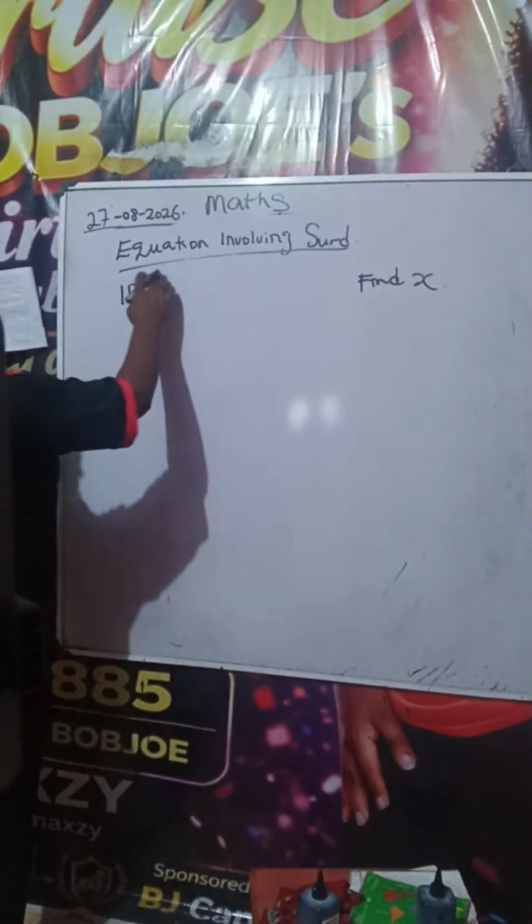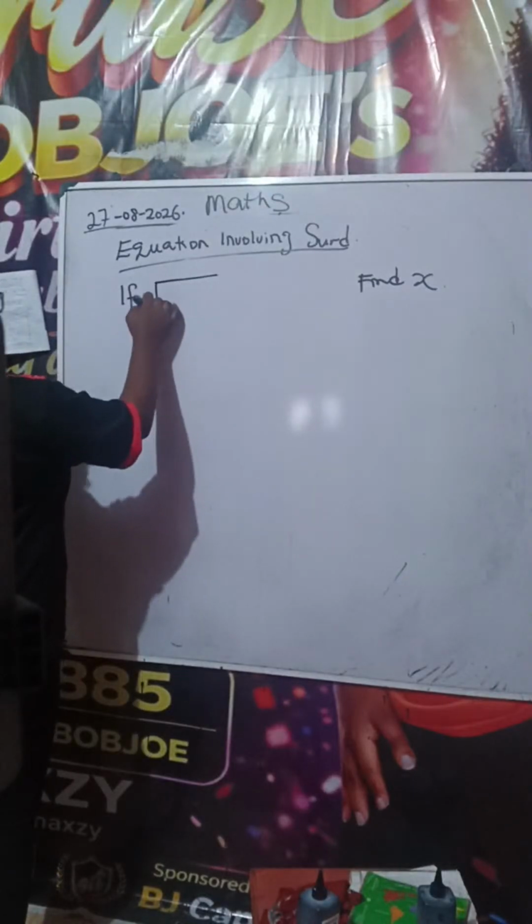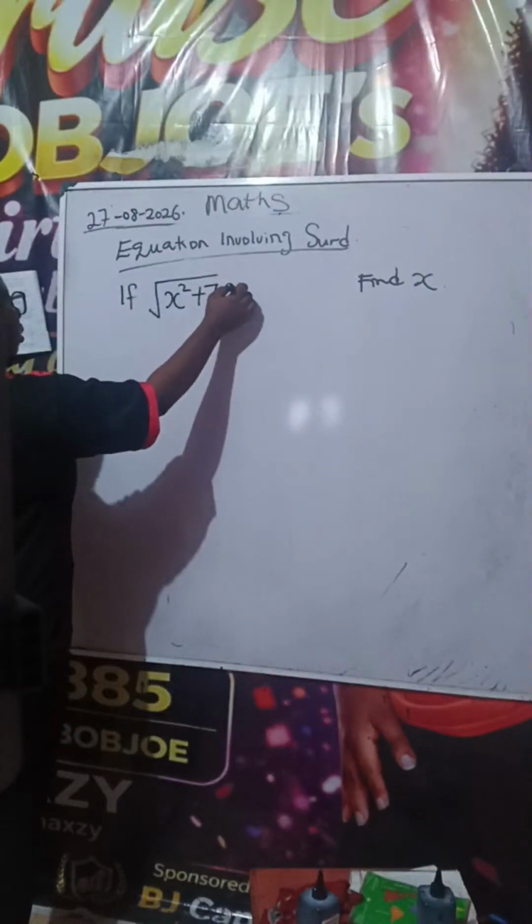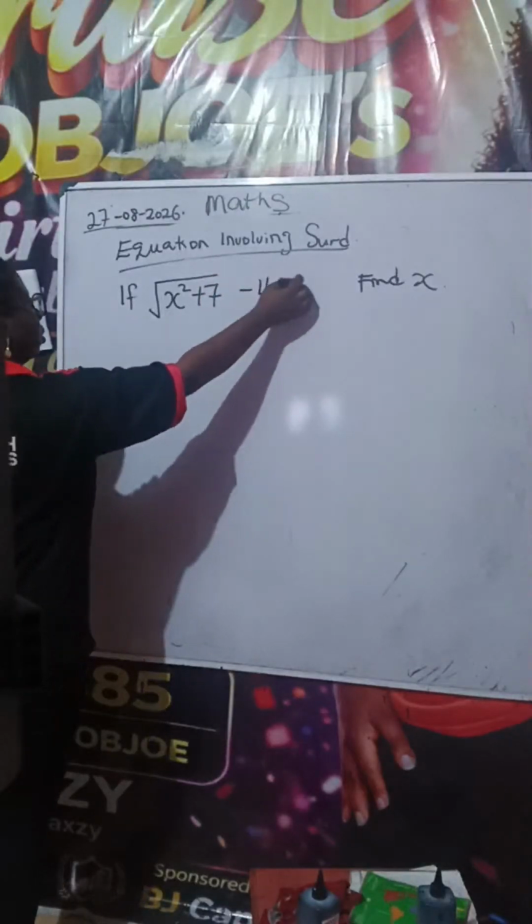So look at this one. I have root of s squared plus 7 minus 4 is equal to 0.